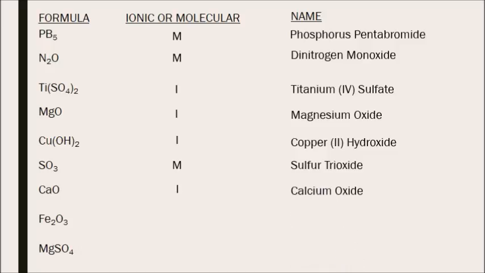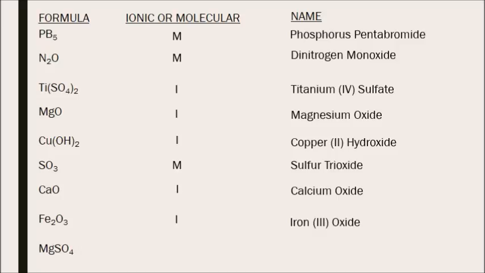Again, metal, nonmetal, ionic compound, and you've got iron, which is a transition metal, so you're going to figure that charge out, and you see that oxygen's charge is -2, so you can use the cross-over charge rule again, and you're going to get that iron's charge is going to be +3, so you're going to get iron(III) oxide.